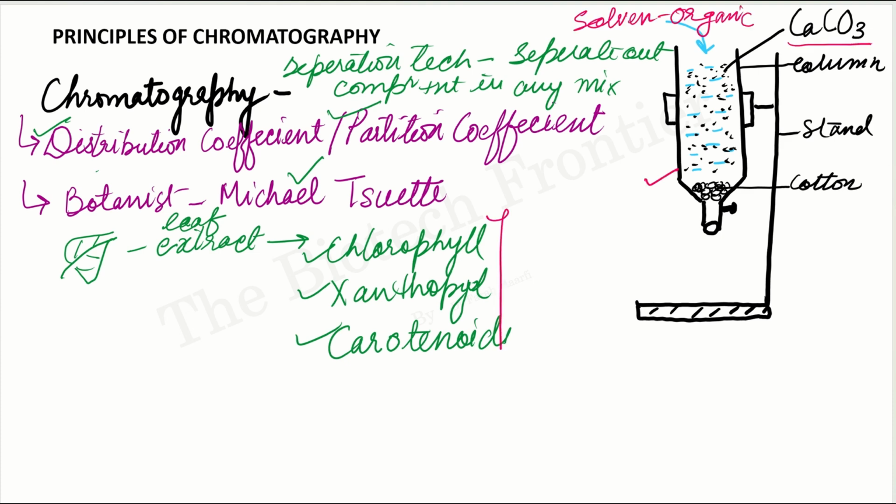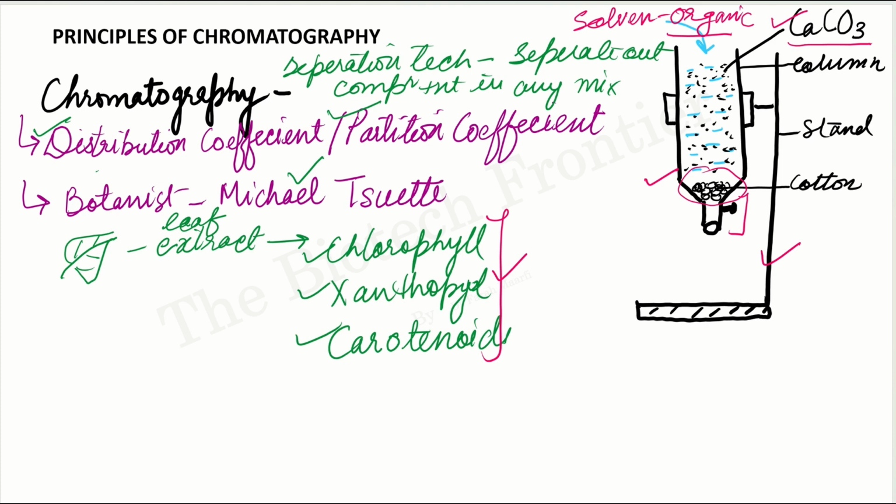To separate these components out of the leaf extract mixture, Michael took a column with a stopper at the other end, at the bottom. He held the column with the help of a stand, put a little cotton at the bottom, and filled the column with calcium carbonate, followed by a solvent that is organic in nature.